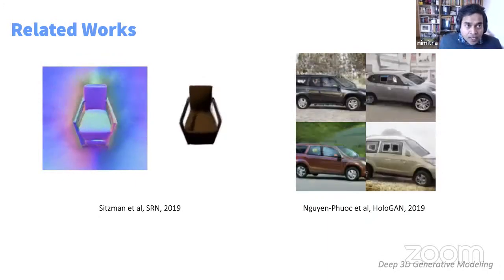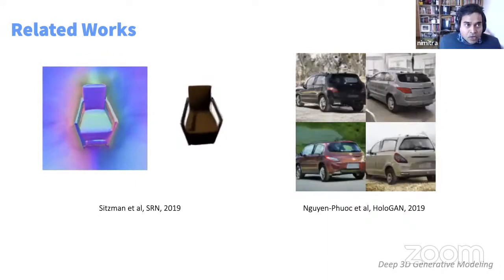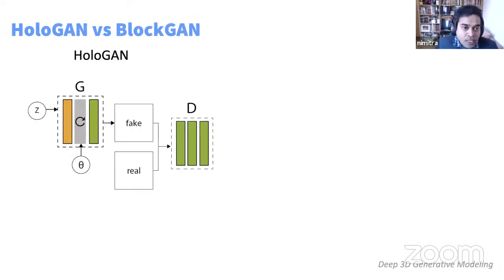Okay. Let's look at the HoloGAN output here. So what they do is quite similar to Platonic GAN in spirit. It has a generator that takes in the latent variable Z, produces an image, and there's a discriminator to check if it's real or fake.